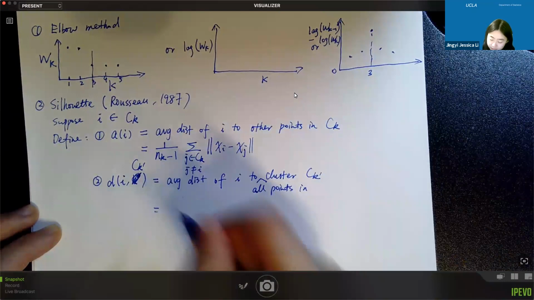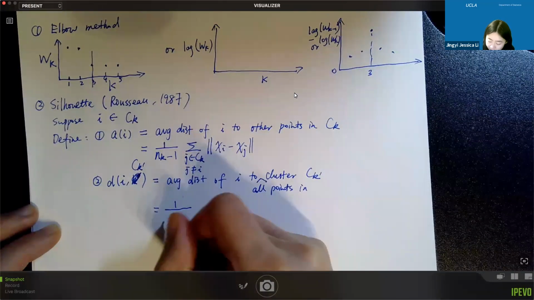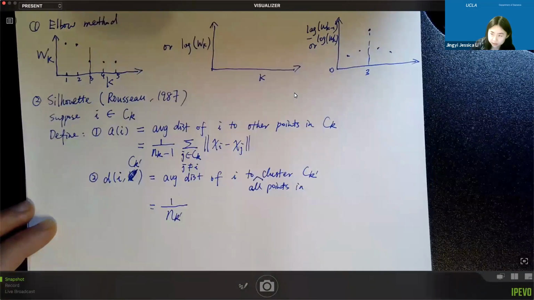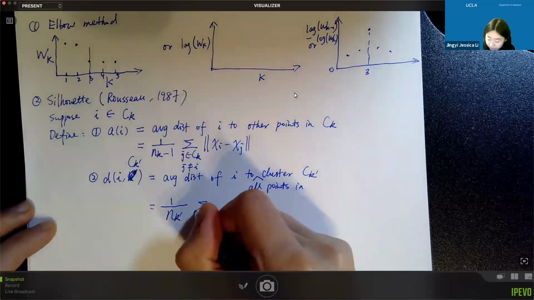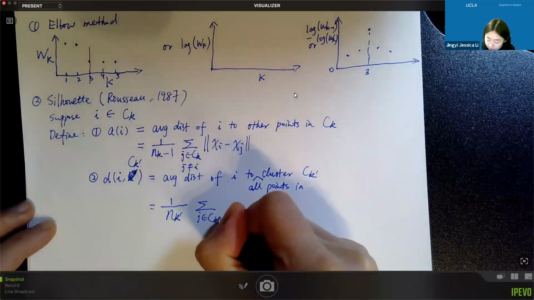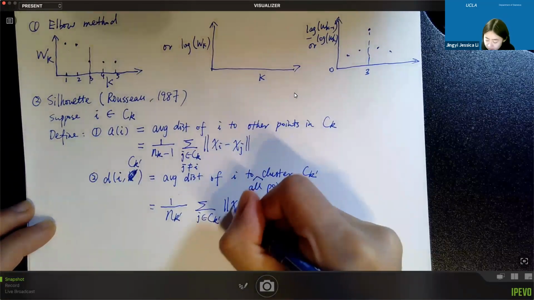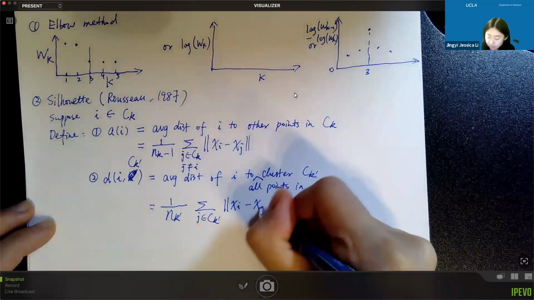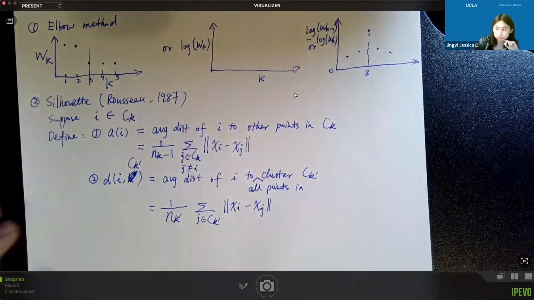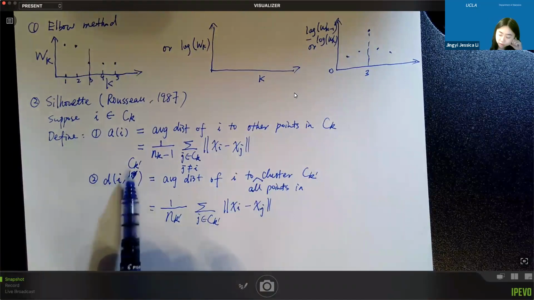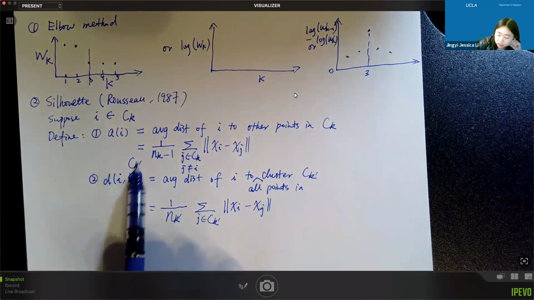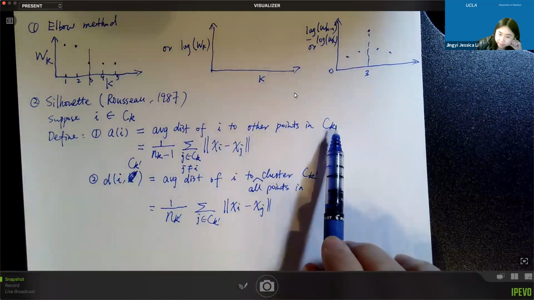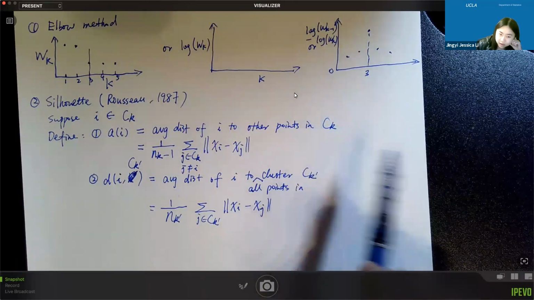Mathematically, this will be defined as 1 over nk prime, that's the size of CK prime, summation for any j in CK prime, of the distance between I and that point, and then I take the average. That's the second distance. Now I have multiple CK prime, right? Let's say I have capital K clusters. Then besides this cluster CK, I should have K minus 1 clusters.